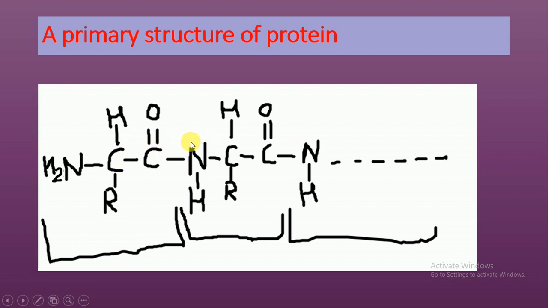One more thing about this structure that we need to understand. This nitrogen has 5 electrons in its valence shell, among which 3 electrons are engaged in bond formation, and still this nitrogen has two electrons with it.